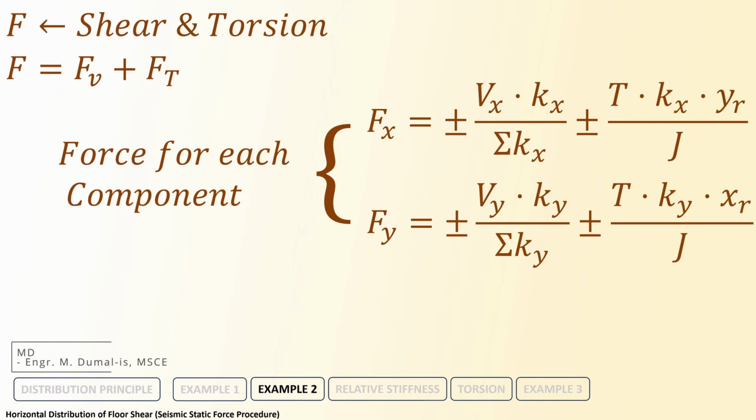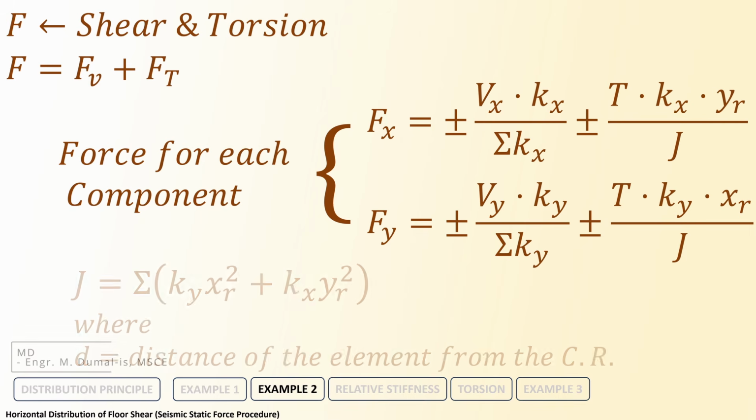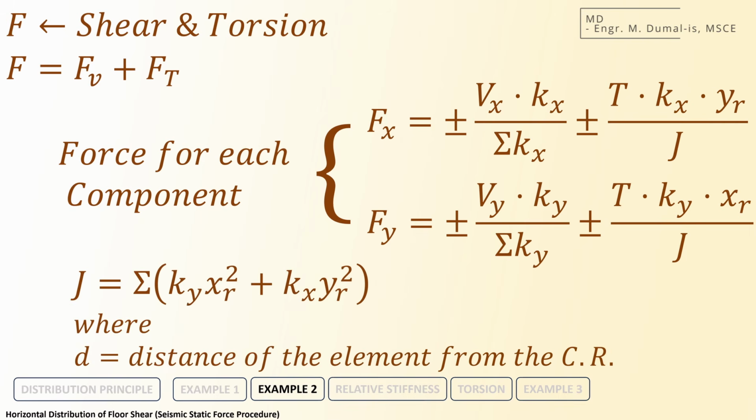R is the distance of the element from the center of rigidity, and J is the polar second moment of stiffness, calculated by summing up K times R squared for all elements in both X and Y directions. Think of J as the system's total resistance to twisting. The stiffer or farther an element is, the more rotational load it carries.